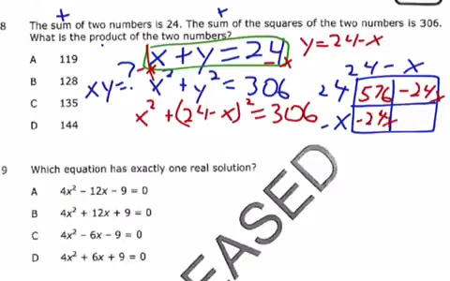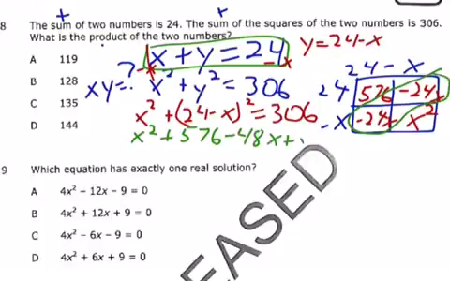And then negative x times negative x is positive x squared. So I'm going to copy that down here. I have x squared plus 576, and then negative 24x minus 24x, those add up to negative 48x, and then plus x squared equals 306.